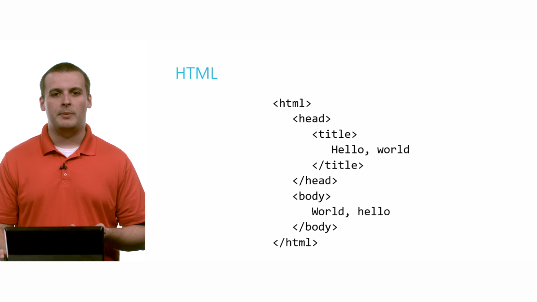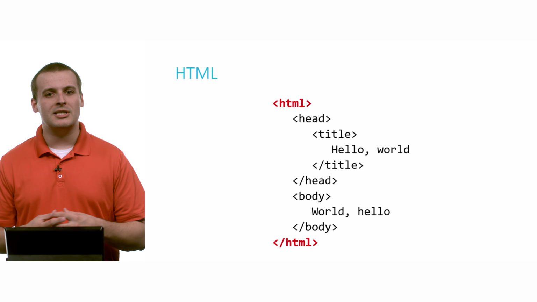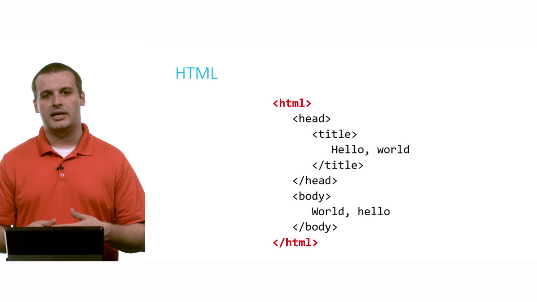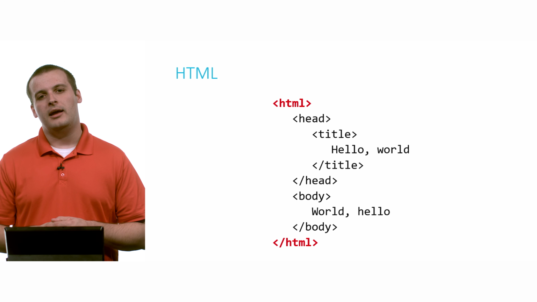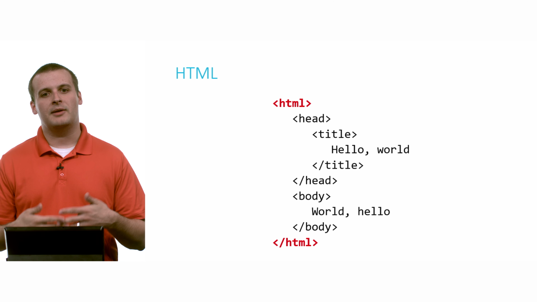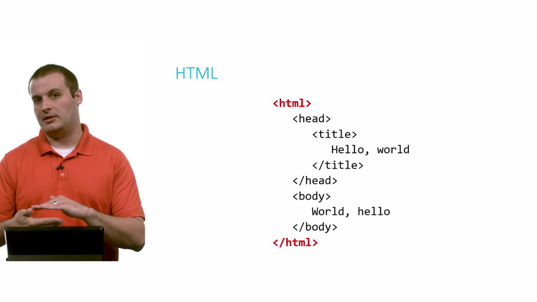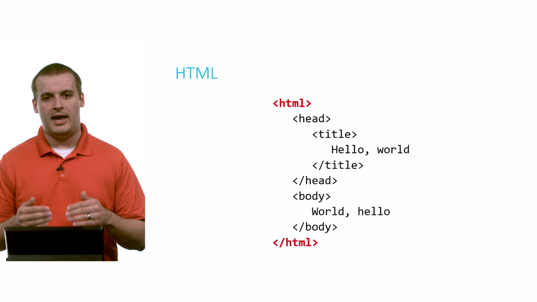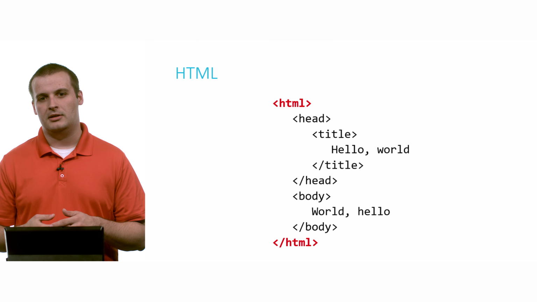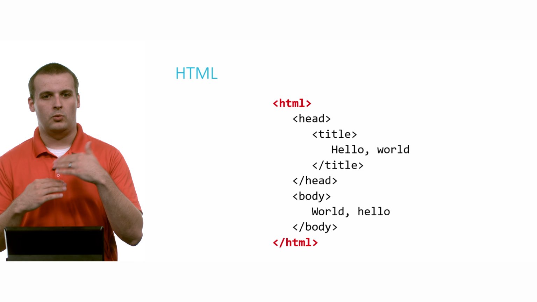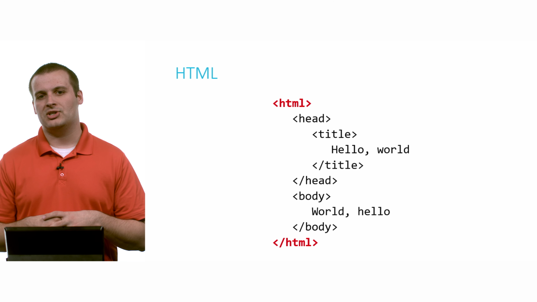And we know it's an HTML page because we've bounded everything with HTML tags. So this is what an HTML tag looks like. It's between angle brackets. And notice at the top we have html. And at the very bottom, after we've done what is apparently a lot of other HTML, we have angle bracket /html. So that sort of is the boundary between what is HTML and what is not.